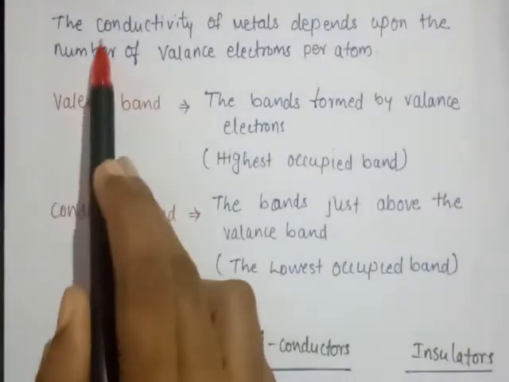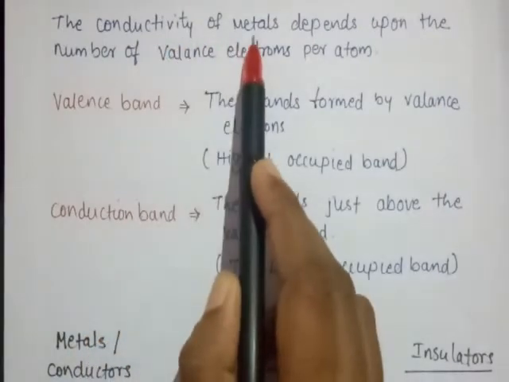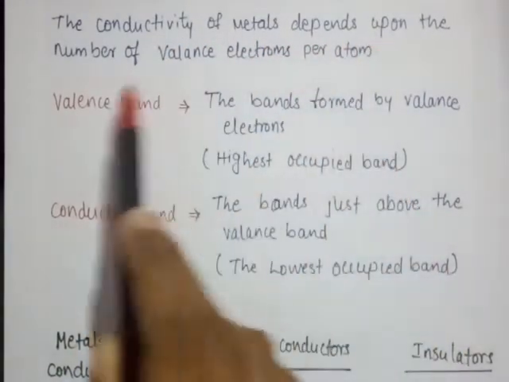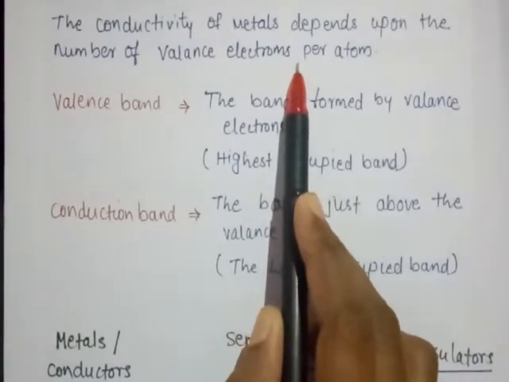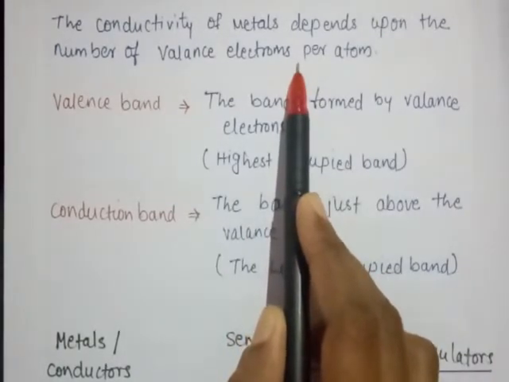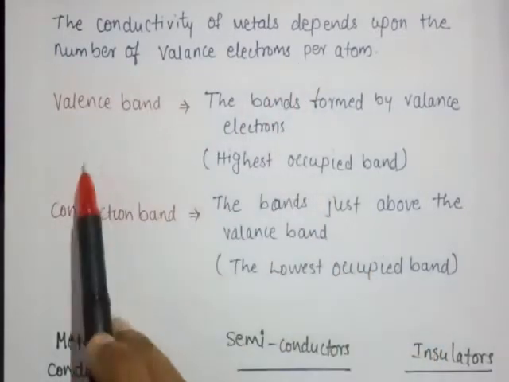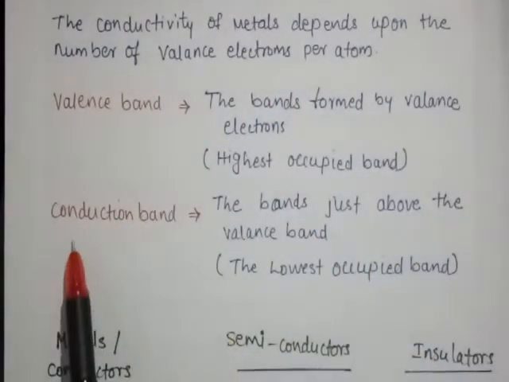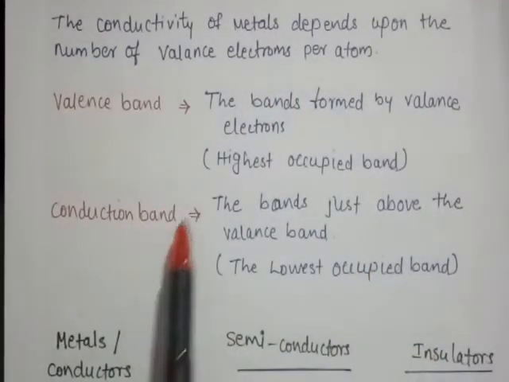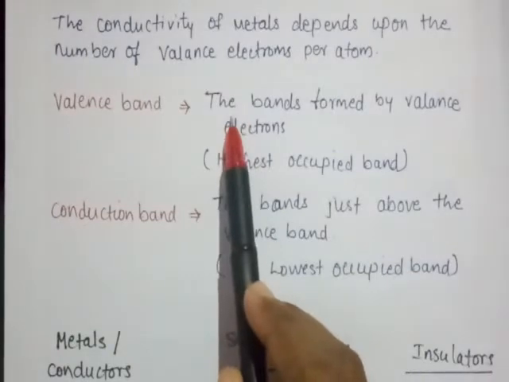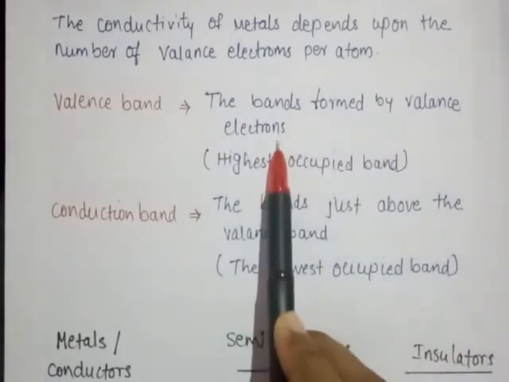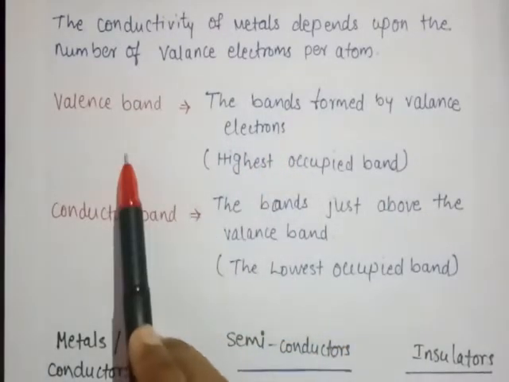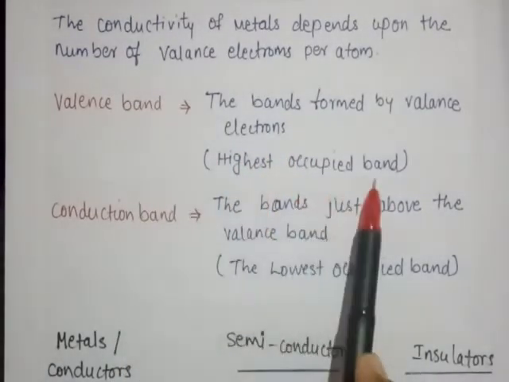The conductivity of metals depends upon the number of valence electrons. So when we talk about the conductivity of different metals, we should know two terms: the valence band and the conduction band. Valence band means the band formed by valence electrons. It is the highest occupied band.